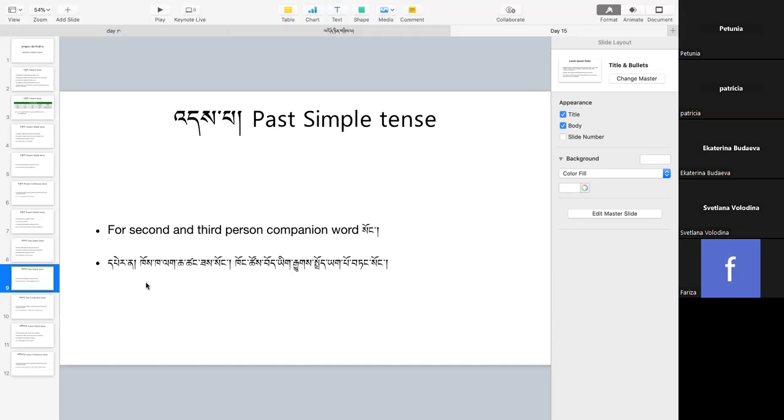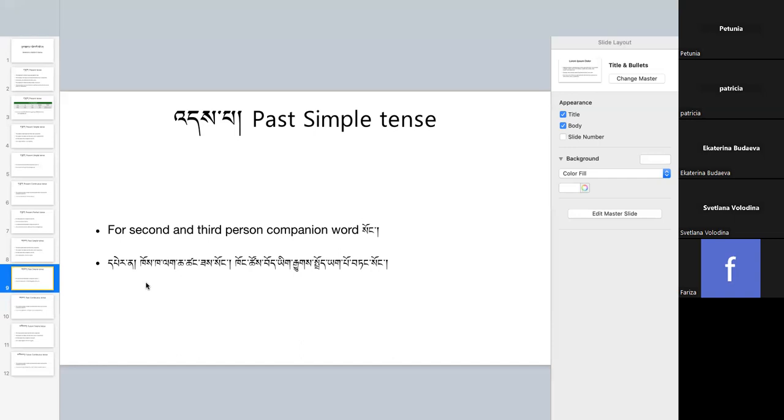So we see that it changes. So the companion word was hin for the first person, but for the second and the third person, we see that it is song.